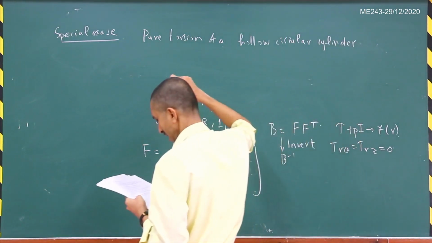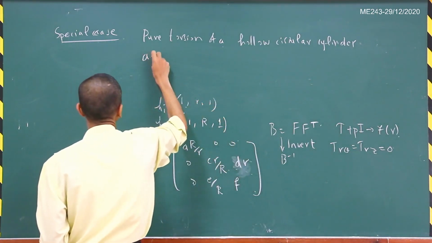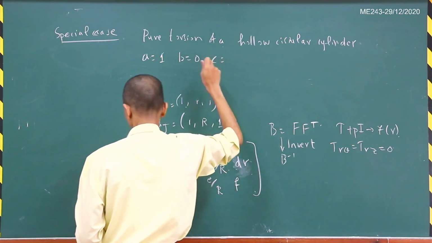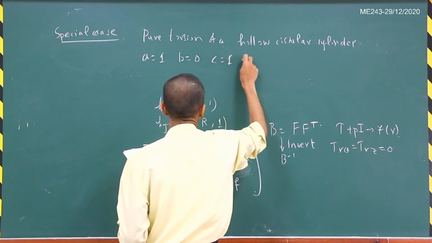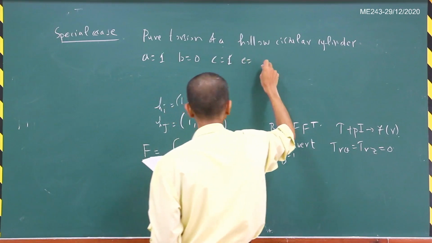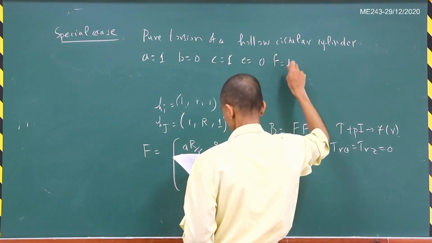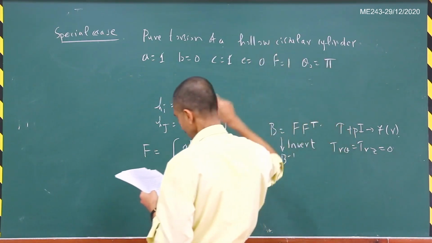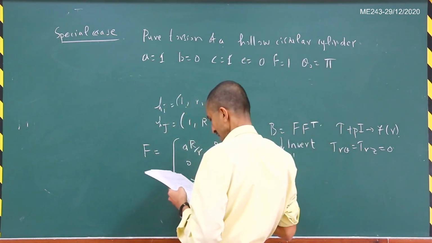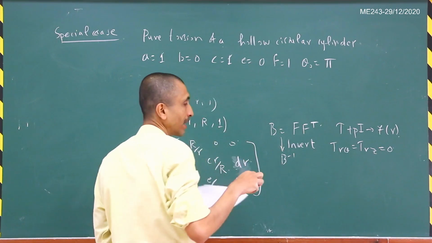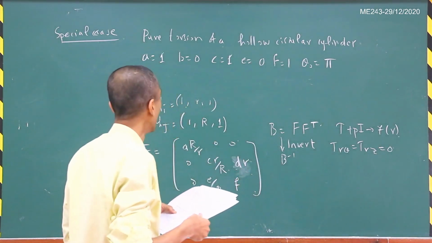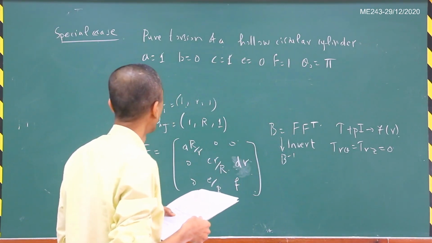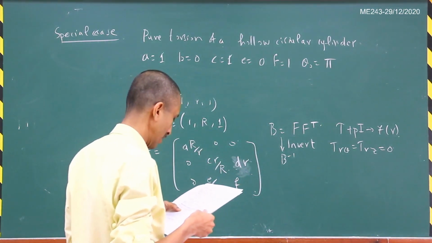So you set a equal to 1, b equal to 0, c equal to 1, e equal to 0, f equal to 1, and theta naught equal to pi. In that deformation, if you set all of these things, then you will get the case of pure torsion. So basically, if you see your theta expression, now your theta is d times z.